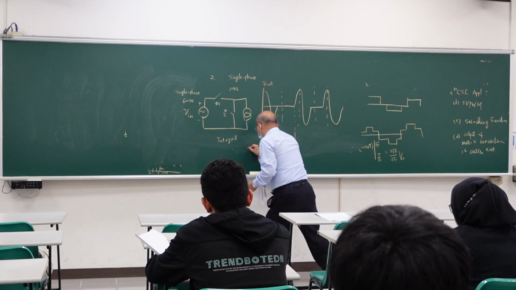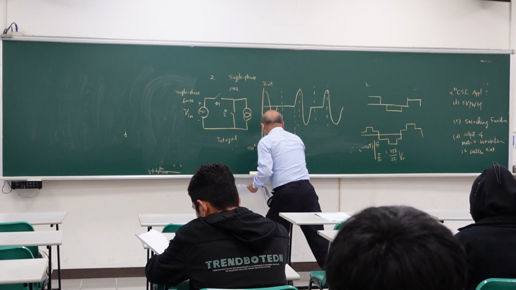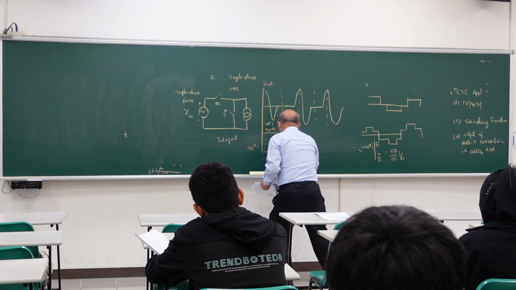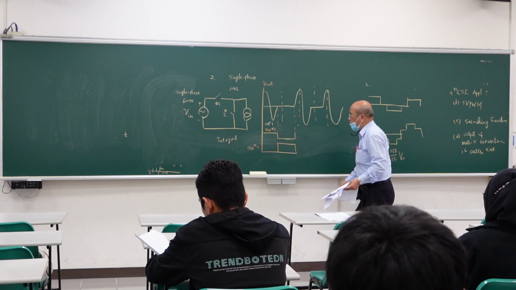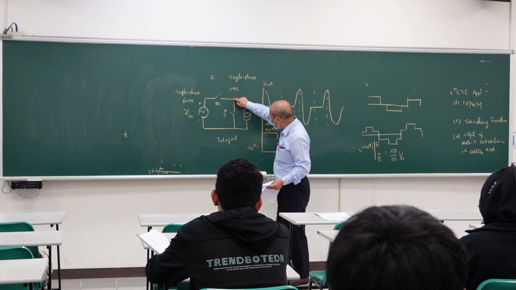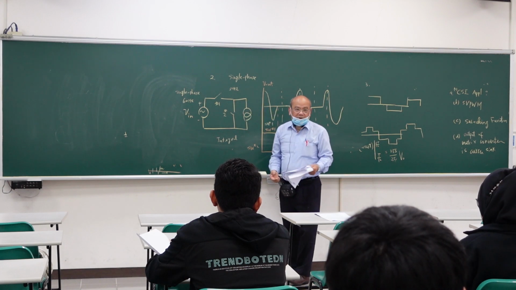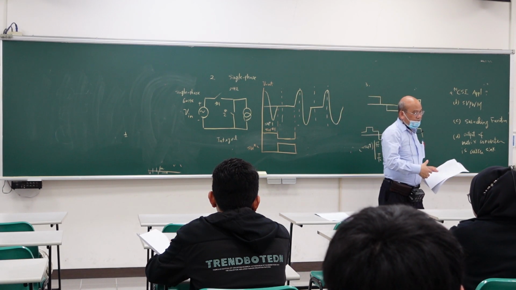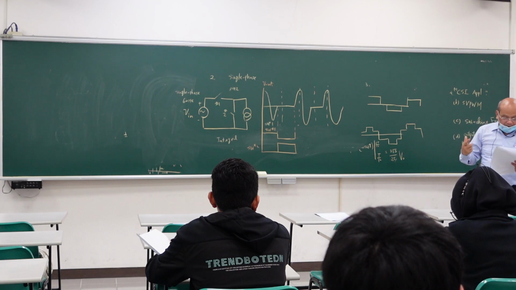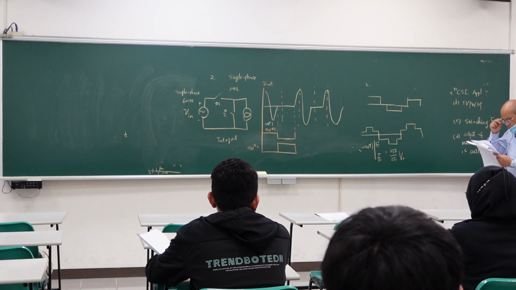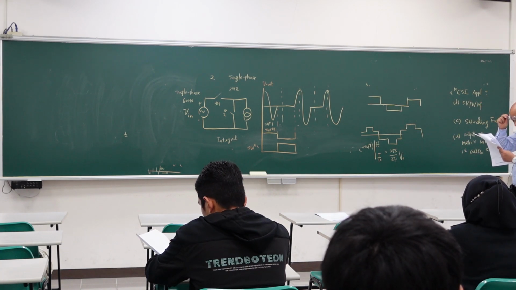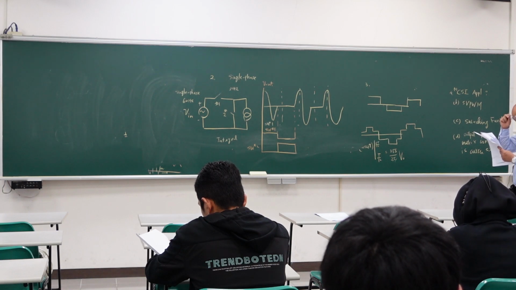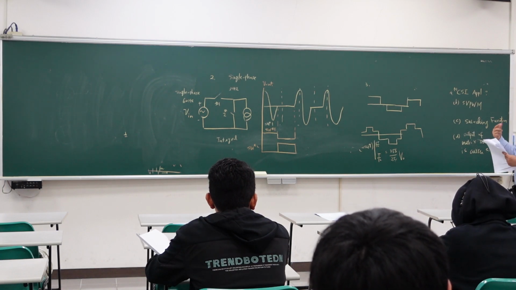We have switch 2 turn on here, then output becomes 0. If switch 1 turns on, then output is V in. If switch 2 turns on, then output is equal to 0, and so on.